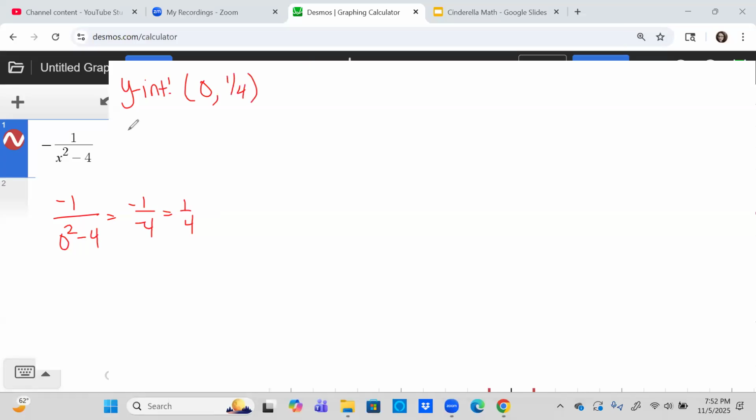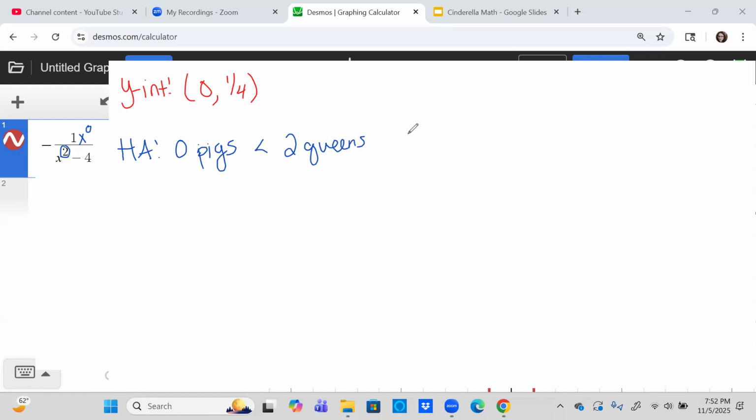Okay, and then we also want to do the horizontal asymptote with pigs and queens. So horizontal asymptote, this has x to the 0. It's invisible, but it's there. So we have 0 pigs, and right here we have 2 queens. Queens are bigger. If the queens are in charge, they rule fairly, and we will have a horizontal asymptote right through the middle at y equals 0.